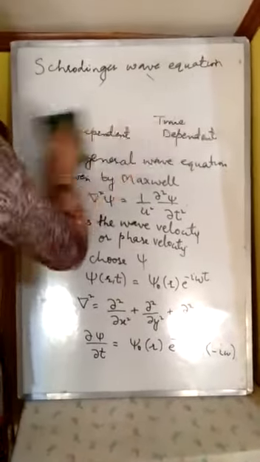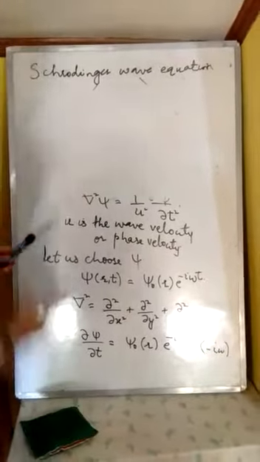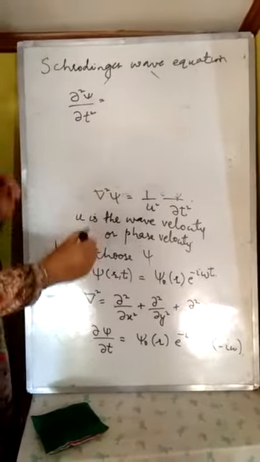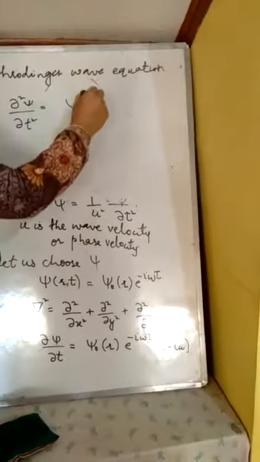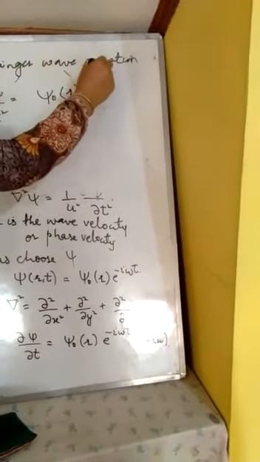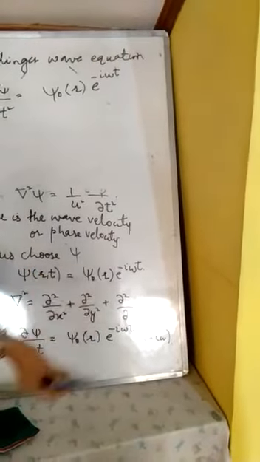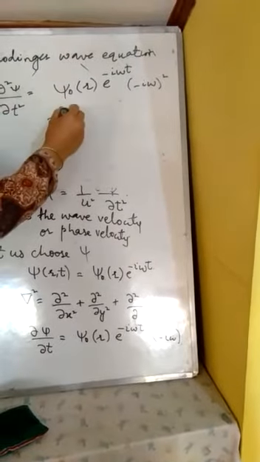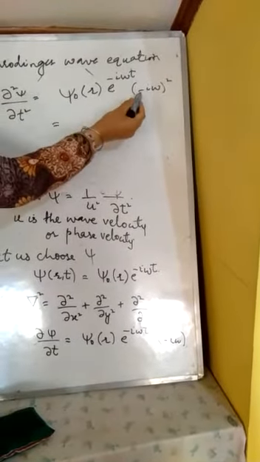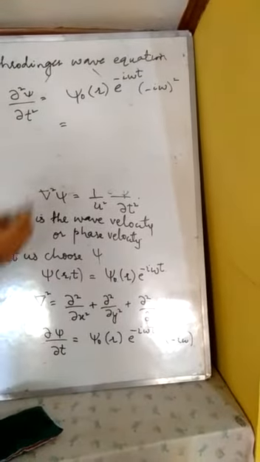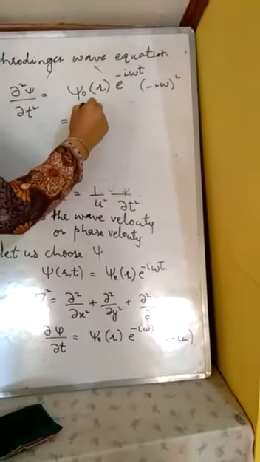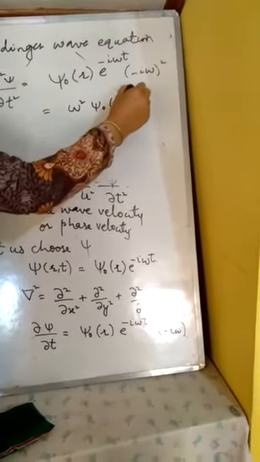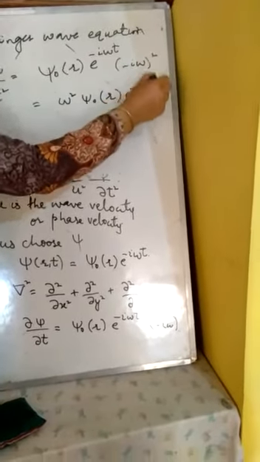Next, dou square psi by dou t square is equal to this psi naught of r is again there, this e to the power minus iota omega t is there, and this factor again appears, so it is minus iota omega square. So it is, iota square is of course minus 1, and with this minus it becomes plus, so it is omega square psi naught of r e to the power minus iota omega t.